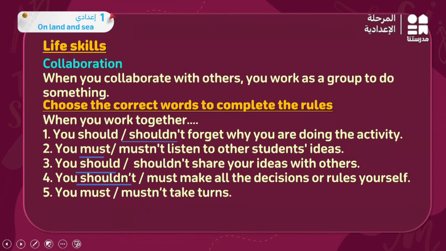You must or mustn't take turns? Of course you must take turns. What does it mean? When you discover that you are wrong, it's not wrong to admit it, to say that I am wrong and I'm going to take turns.